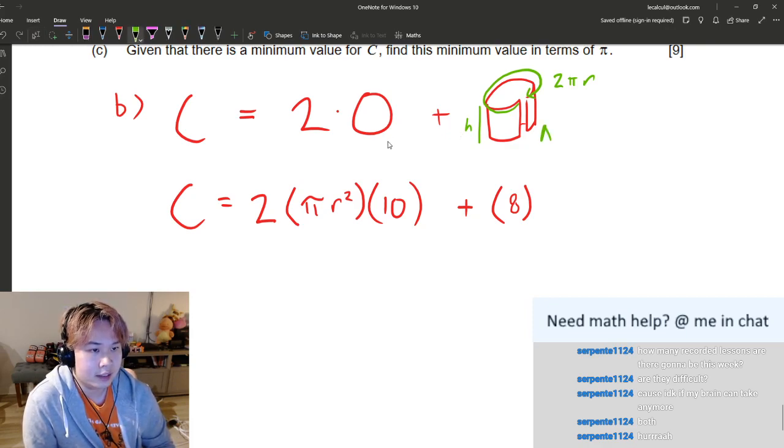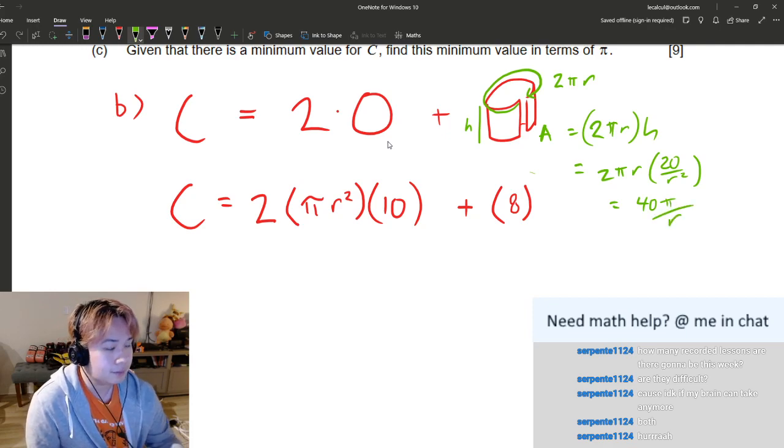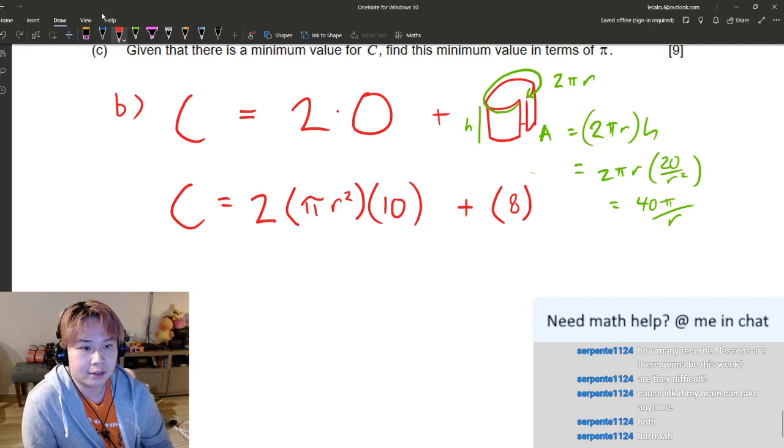So this area is 2 pi r times h, and h in part A we figured out was 20 over r squared. So this becomes 40 pi over r once you multiply them together. So that's the area of the wall.